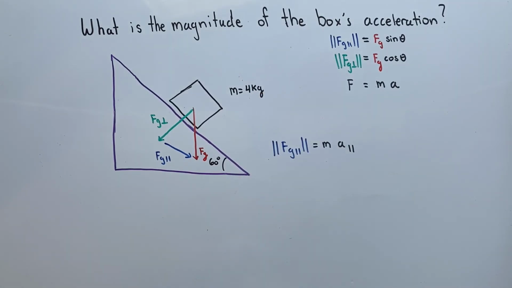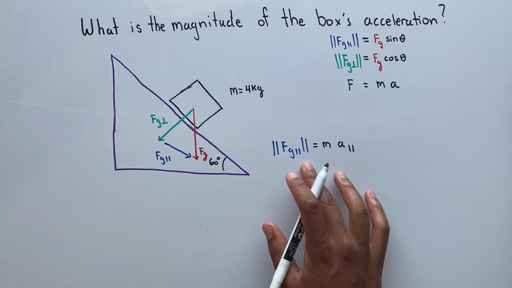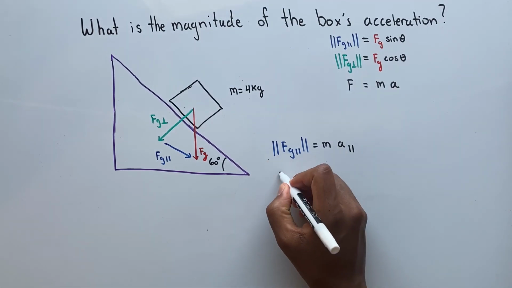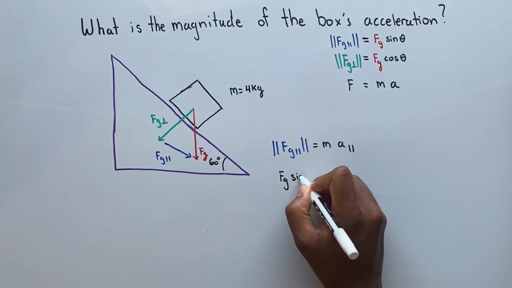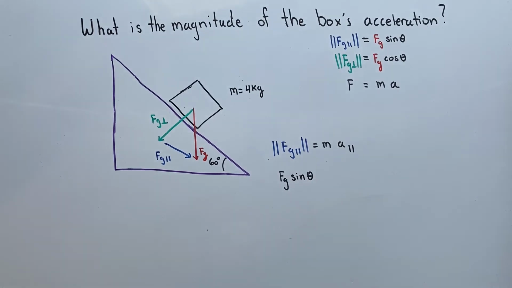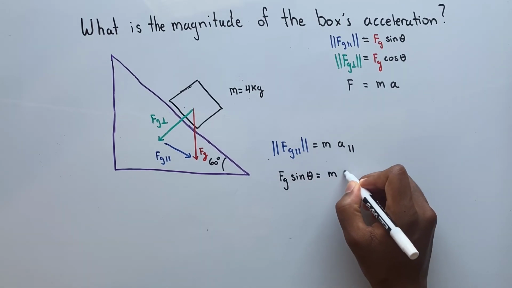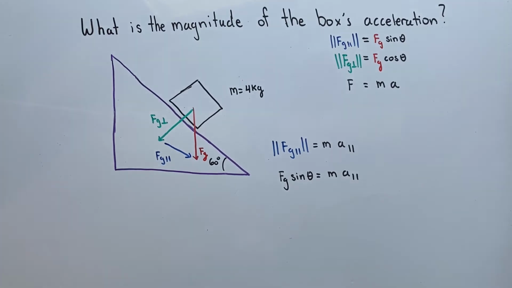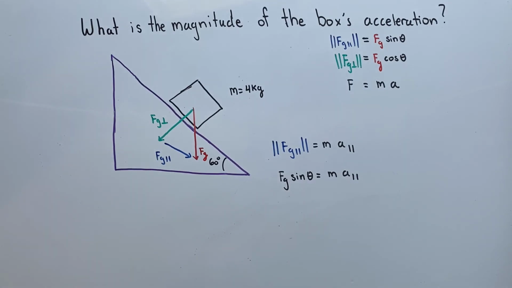So now that we have this equation, we can replace the magnitude of our gravity in the parallel direction with the force of gravity times sine of theta. And this is going to equal the mass of the object times the acceleration in the parallel direction. And we know that the force of gravity equals the mass of an object times gravity.